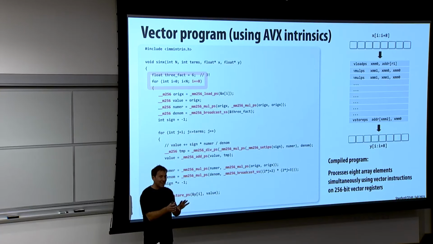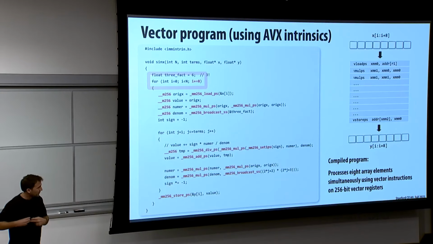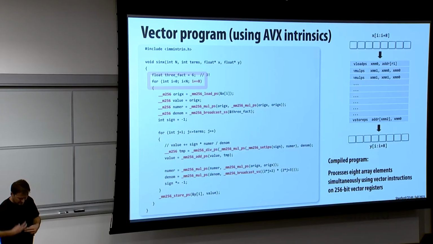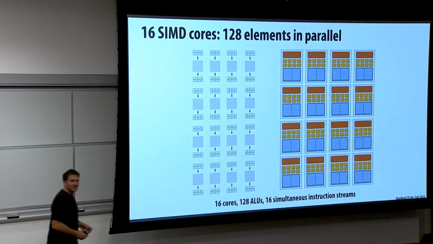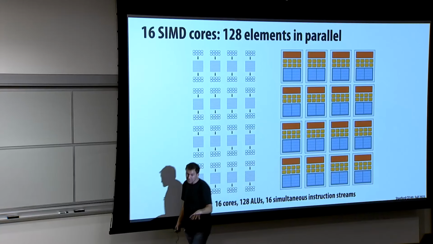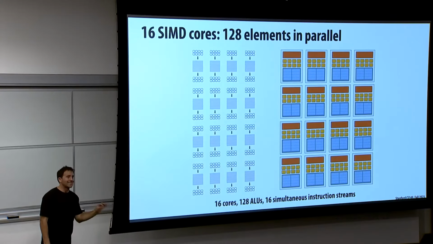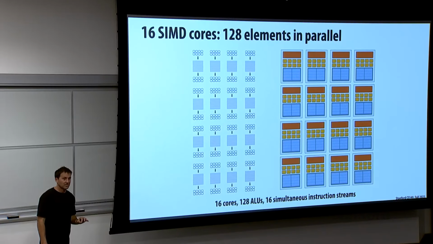Now I can combine that with multiple instruction streams. If I take this new type of core and apply it to my 16-core processor, I have a 16-core processor that runs 16 instruction streams, but the instructions in those streams are processing 8 pieces of data at once.